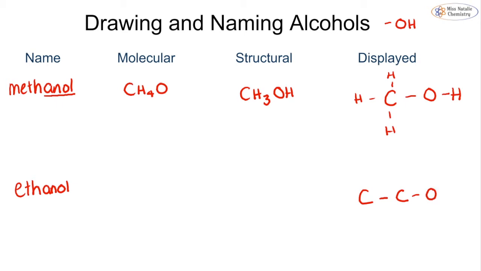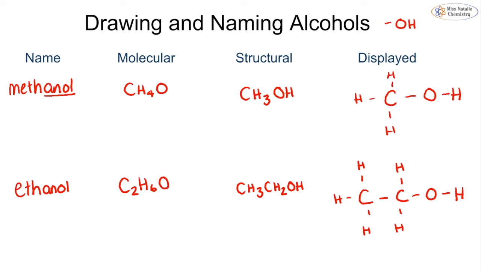I'm going to keep my OH in the same position each time at the end, and then I'm going to add in all my hydrogens, making sure that every carbon has 4 bonds in total. Then I move to my structural, so I have CH3, CH2, OH, and of course my molecular, just counting everything up, and it gives me 2 carbons, 6 hydrogens, and 1 oxygen.